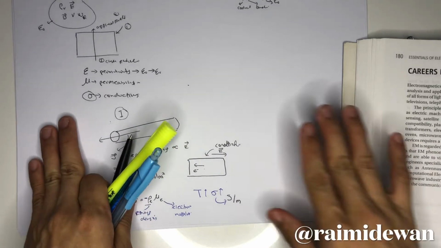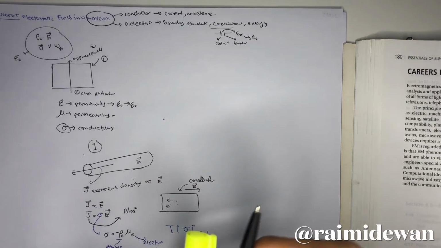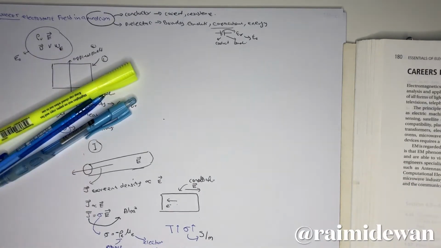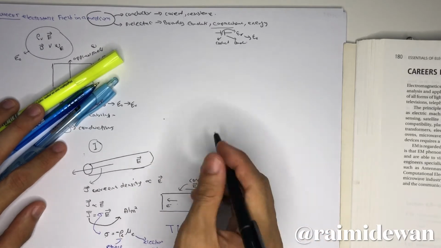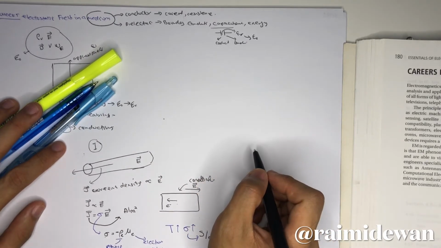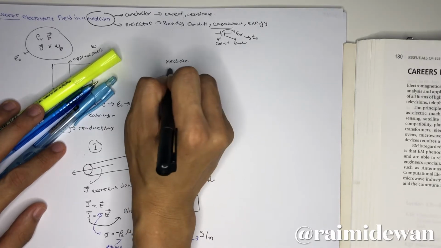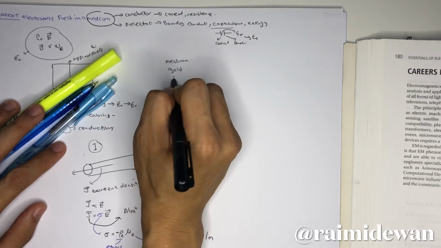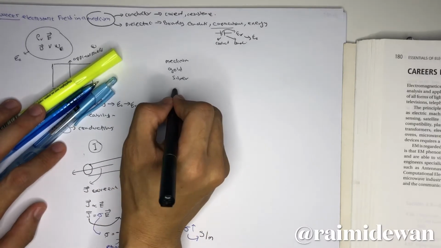Now we see examples of the materials that we have. For example, we consider a medium: gold, silver, and also dry earth.